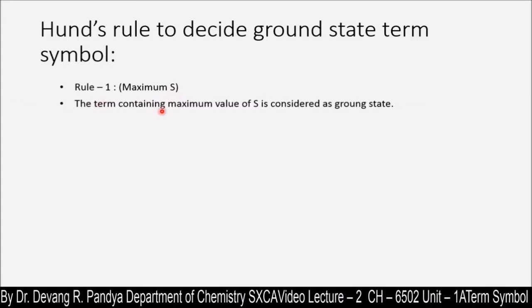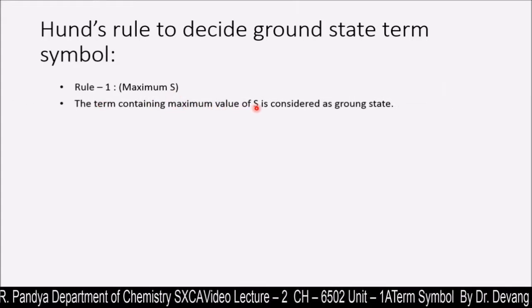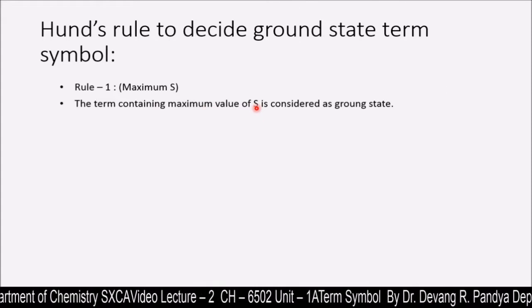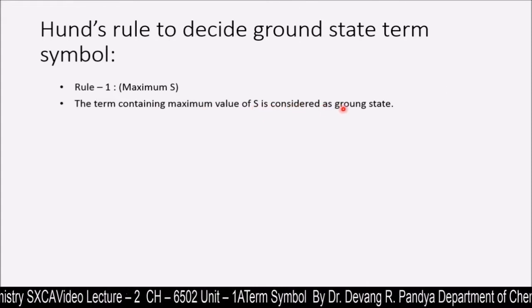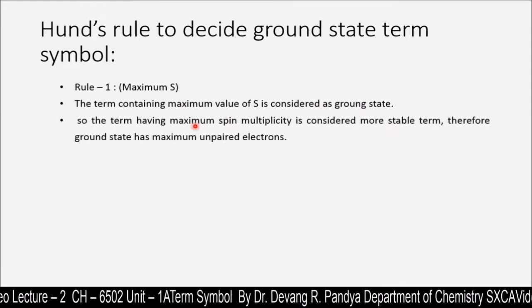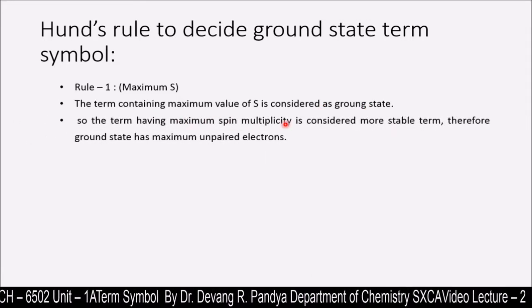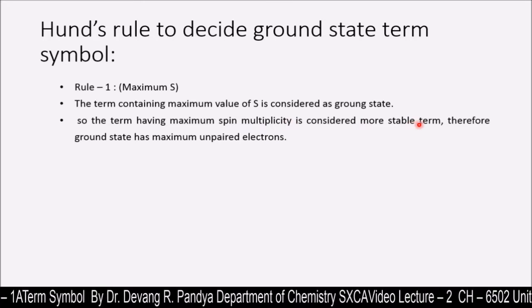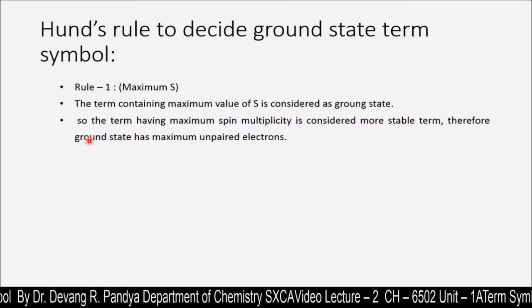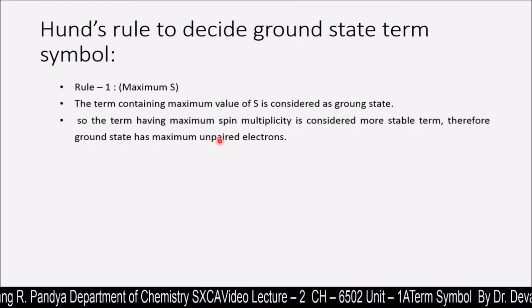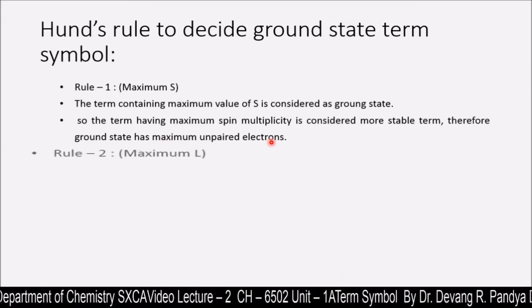The term containing the maximum value of S, that is the spin multiplicity, is considered the ground state. So the term having maximum spin multiplicity is the more stable term, and therefore the ground state has the maximum unpaired electrons.